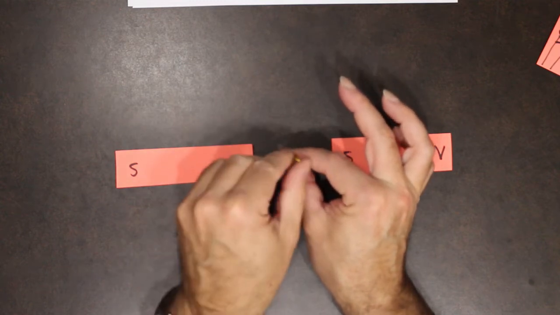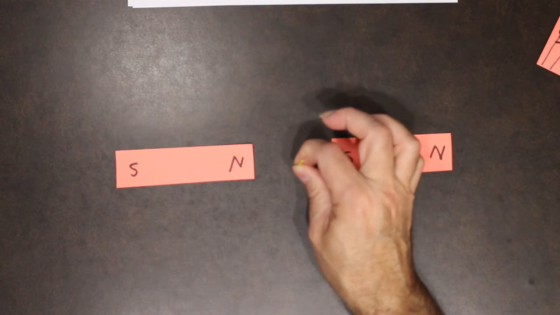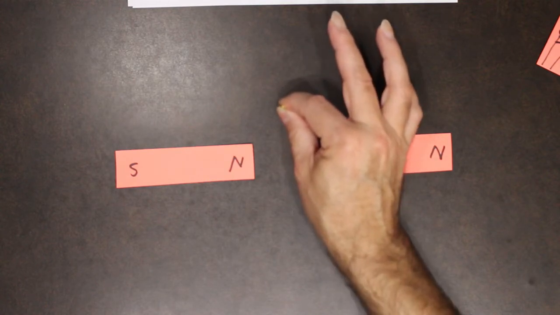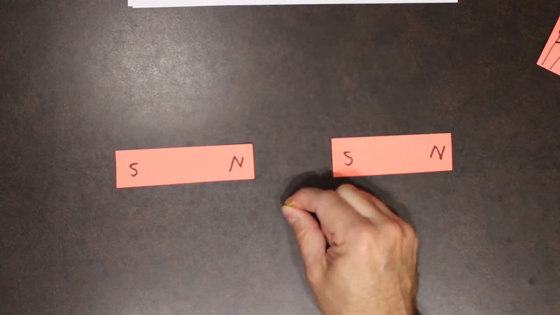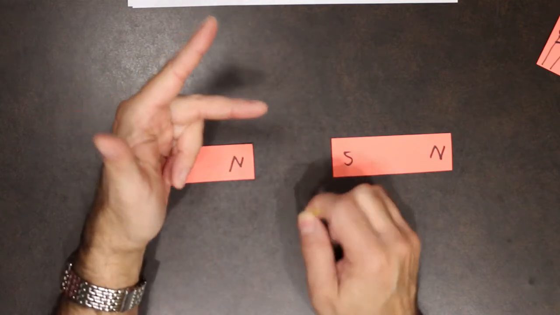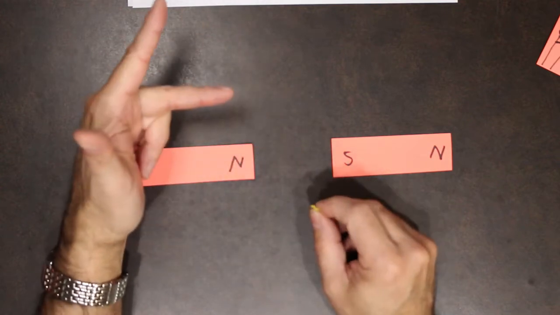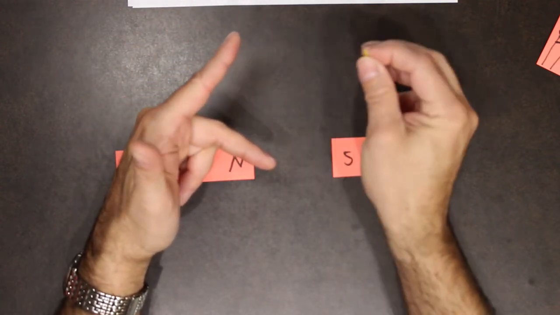Now, the hint is it will move out of the magnetic field. So it will either move this way or this way out of the magnetic field. Fleming's left-hand rule for motors will determine which way this conductor actually moves.